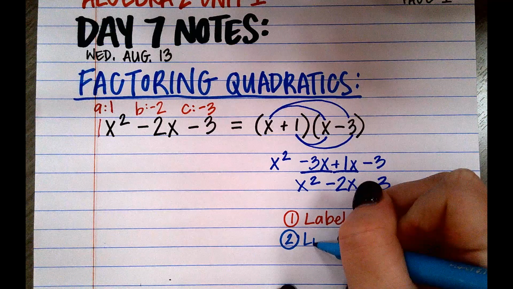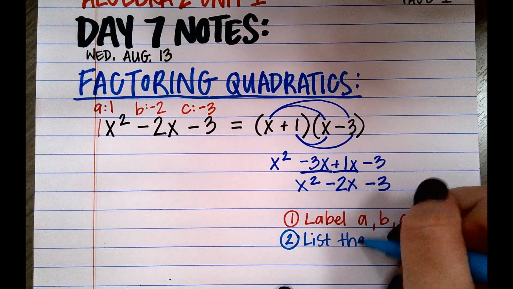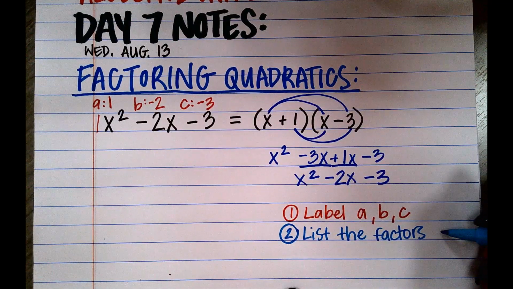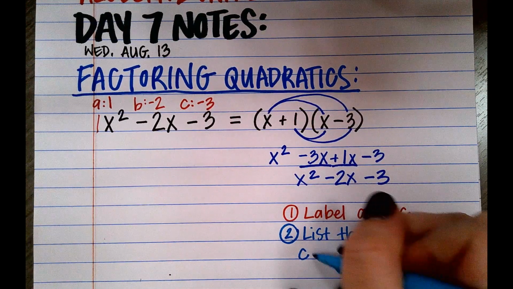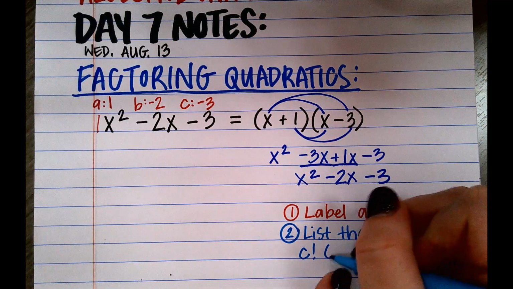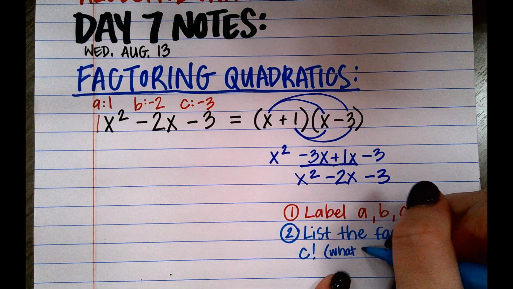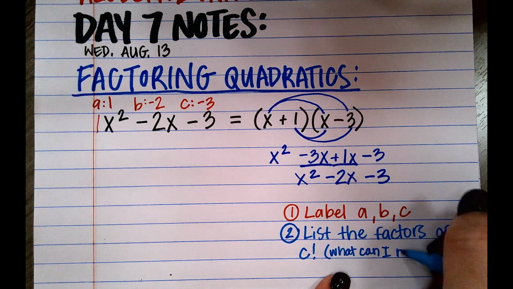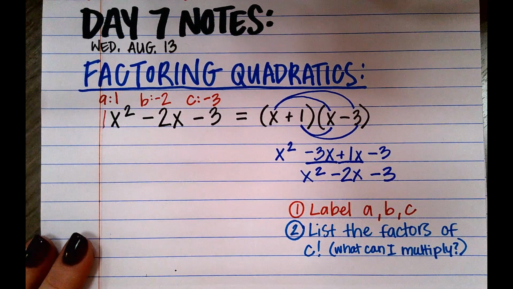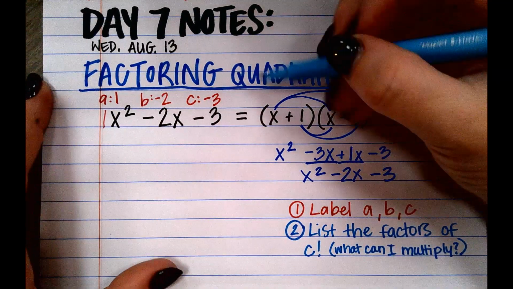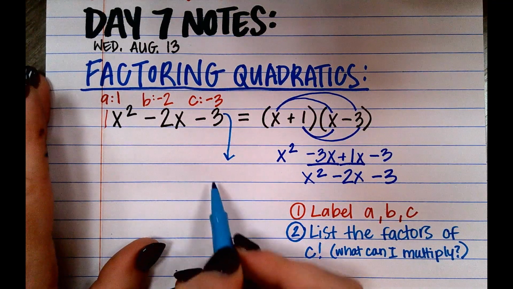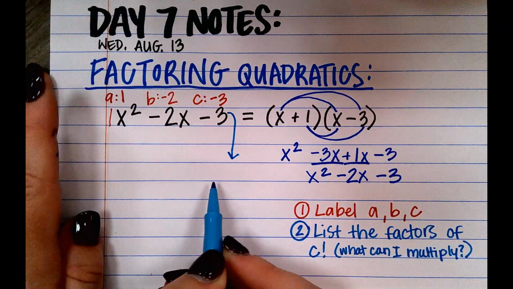So now list the factors of C. I'm just going to write in parentheses, what can I multiply to get this number? So what I like to do at this point is draw a little arrow off of my C. And then C is -3.